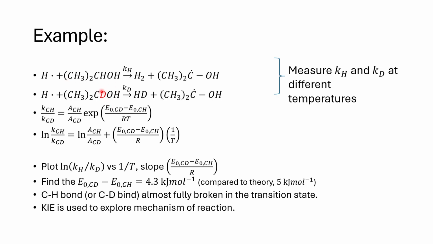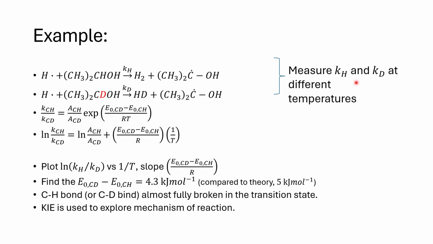Okay, so to verify our theoretical predictions, where we say that the C-H bond will be broken, we substitute this H with the deuterium, and then we study the difference between the rate of the reactions. So to verify these predictions experimentally, we measure the rate constant for the reactions between the C-H for this molecule and also for the deuterium substituted molecule.